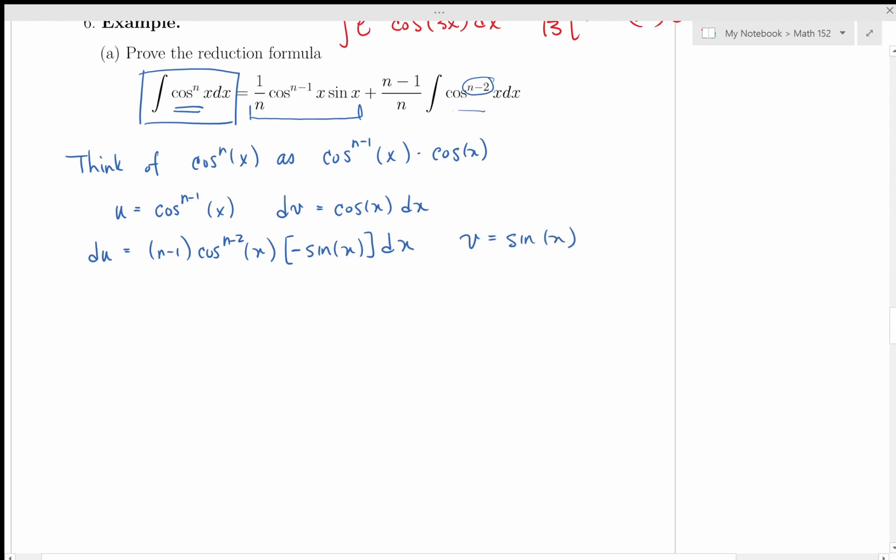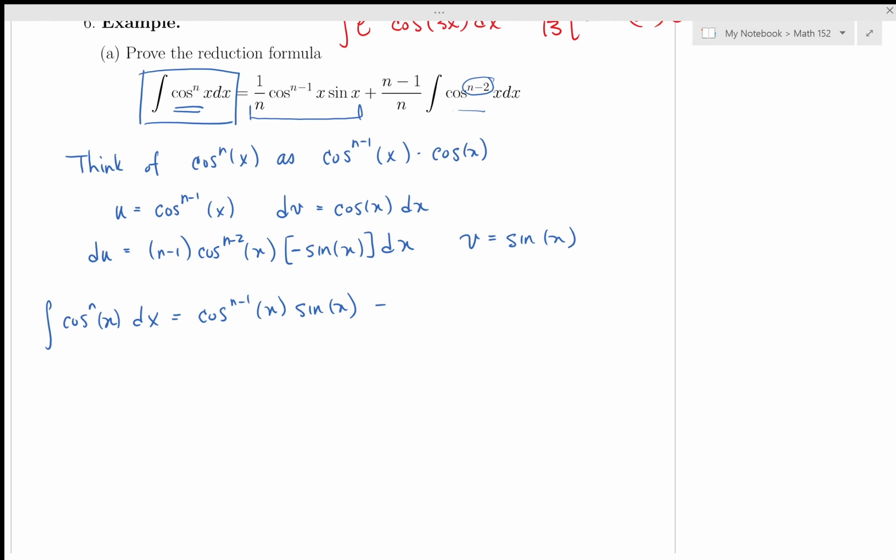Okay, so now I can write this out. The integral of cos^n x dx is equal to, now I'm doing integration by parts, so this is uv, so I get cos^(n-1) x times sin x minus the integral of v du.